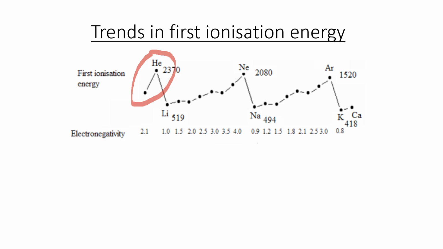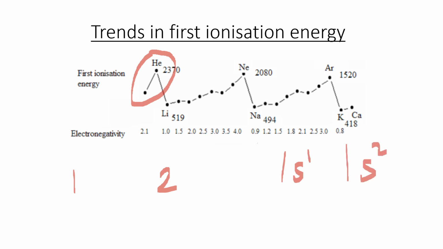The reason for this is that you are adding protons to the nucleus. So the nucleus goes from having 1 proton to having 2 protons, and yet you're adding an extra electron into the same orbital, the 1s orbital. You're going from 1s1 to 1s2.